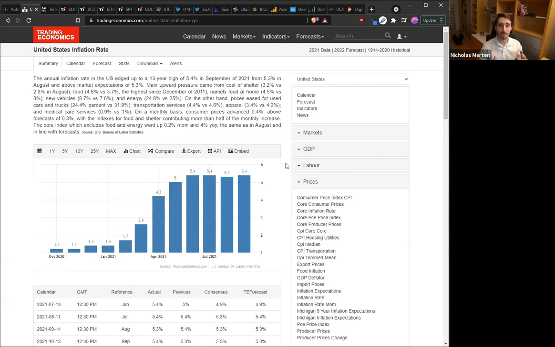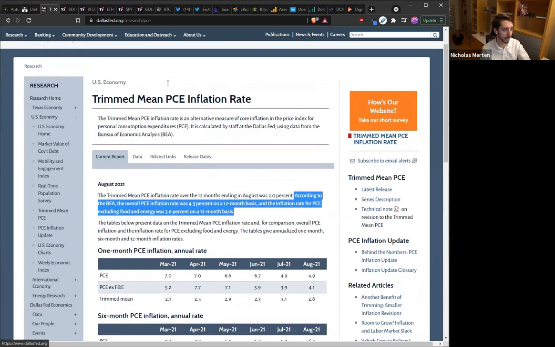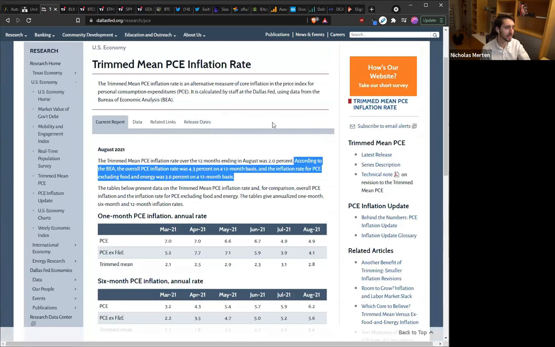This basically means that, according to the Federal Reserve, the cost of goods and services, generally speaking, is going up about 5%. There's another metric utilized by the Federal Reserve Bank of Dallas. It's something called the PCE inflation rate, reading again in that upper single digit territory, starting to press towards 5%.